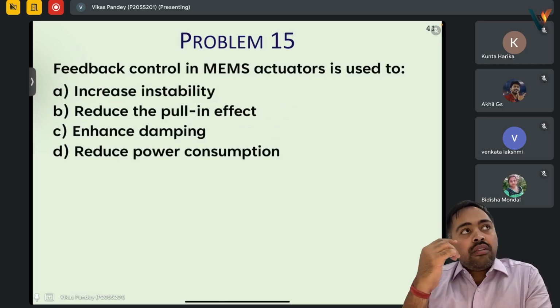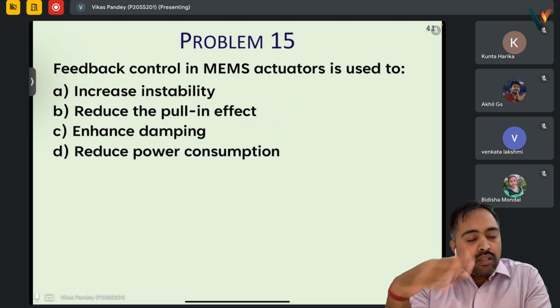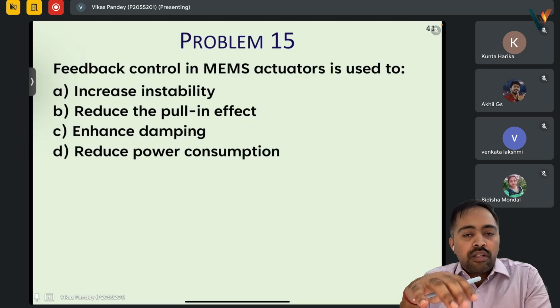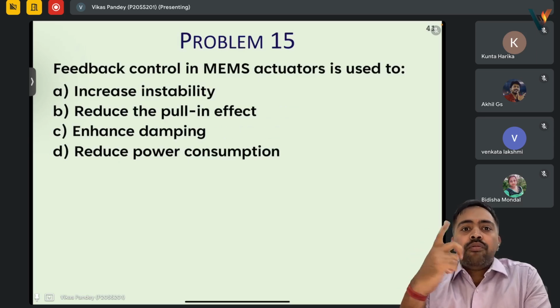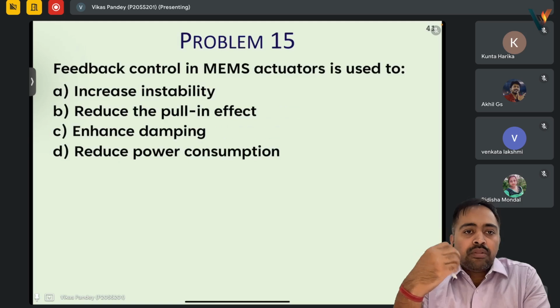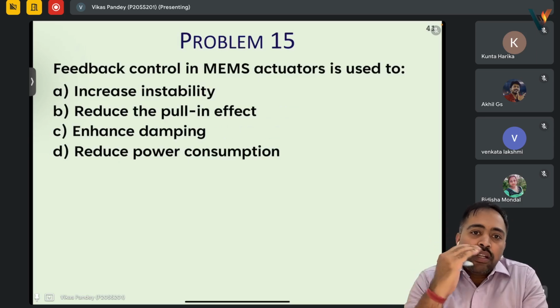Although this part sir has covered, so I didn't cover much, but we have to understand that whenever we are making such systems, feedback is an important part. That means what we thought will happen is actually happening or not.